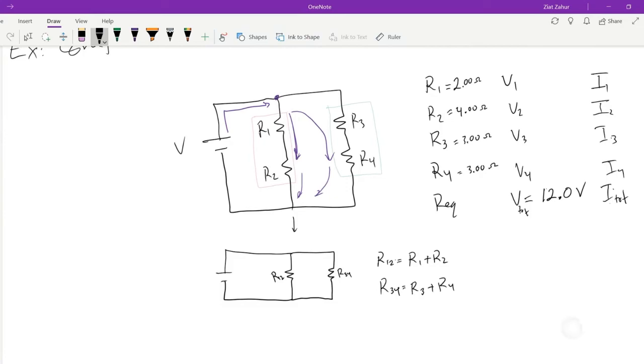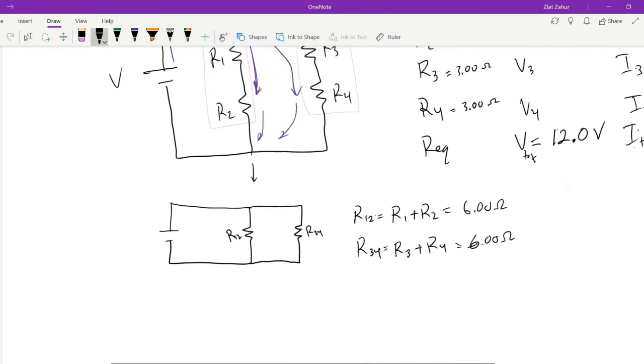So that means 1 and 2 make 6, and then 3 and 4 also make 6. Oh, yay. So they're both 6 and 6. And now we have 6 and 6 in parallel. What's the parallel of 6 and 6?